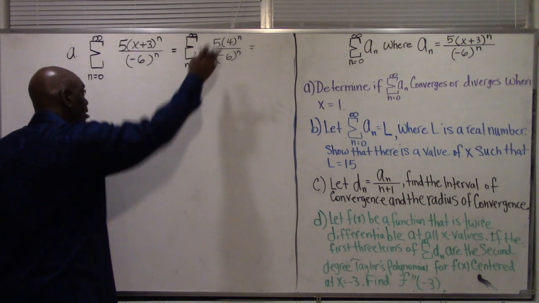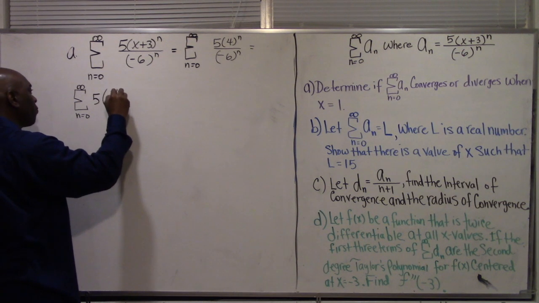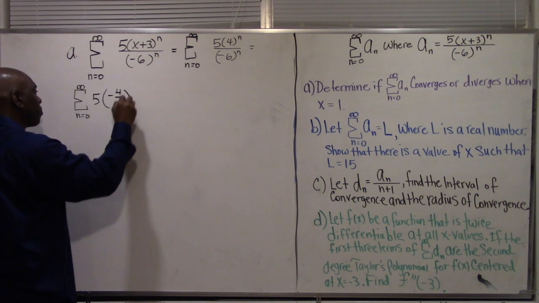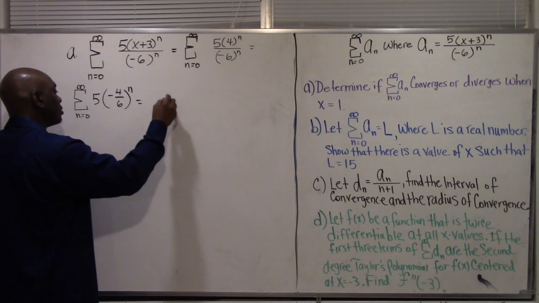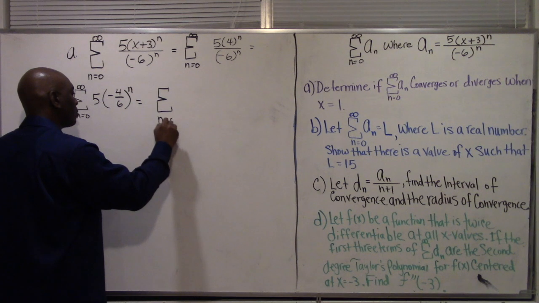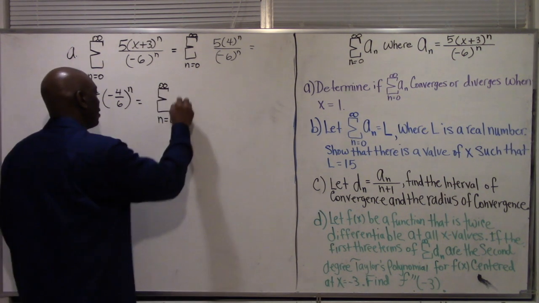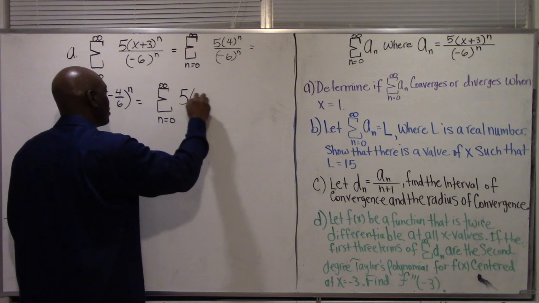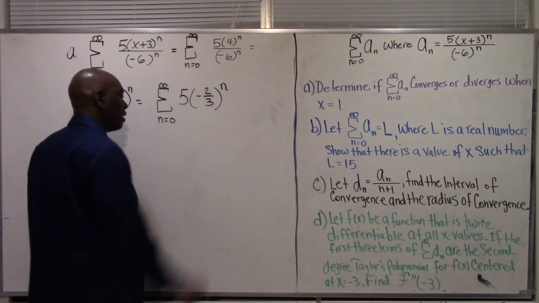Now I can rewrite this as 5 times (-4/6)^n, which equals the sum from n equals 0 to infinity of 5 times (-2/3)^n.